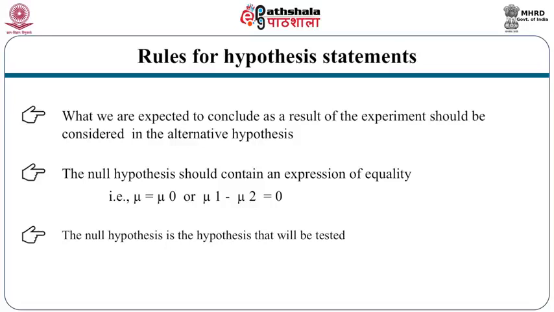The null and alternative hypotheses are complementary, in the sense that if you reject a null hypothesis, obviously you are willing to accept something else. Whatever you are willing to accept is generally called the alternative hypothesis.